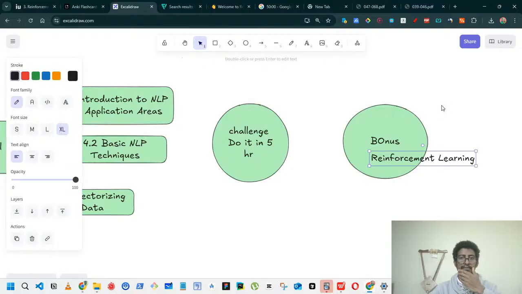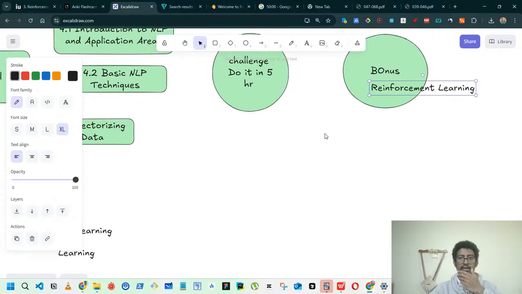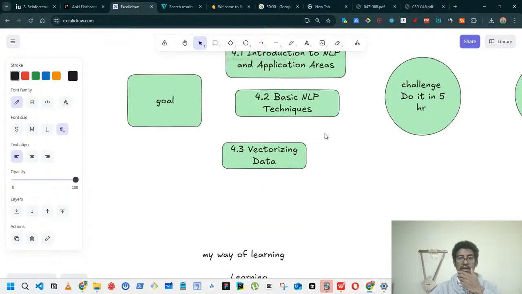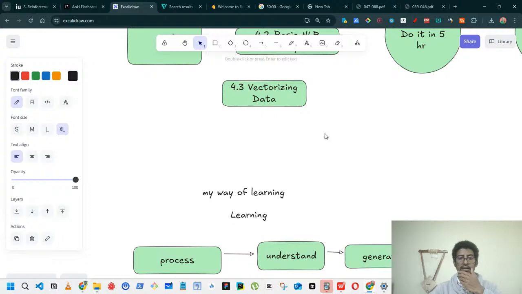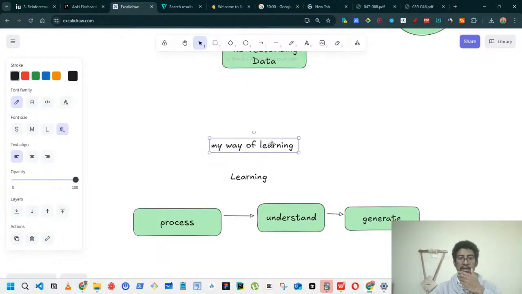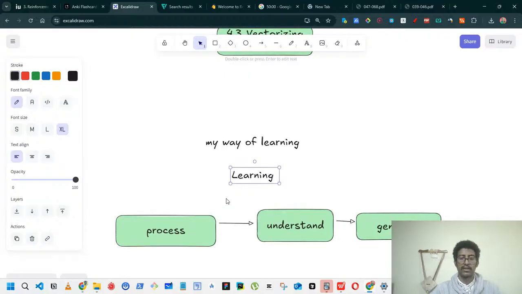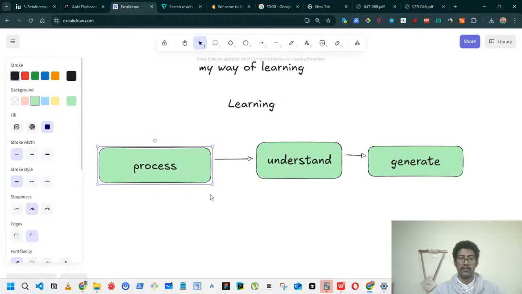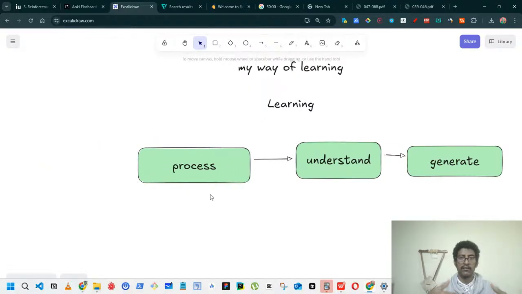It's a very basic course, so this will be the goal. And then here is my way of learning. This is kind of my philosophy. To understand something, you gotta process it very well. Which means you take the information, then you associate it with past experience.